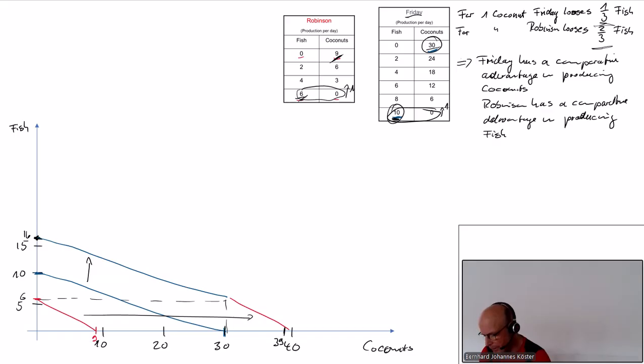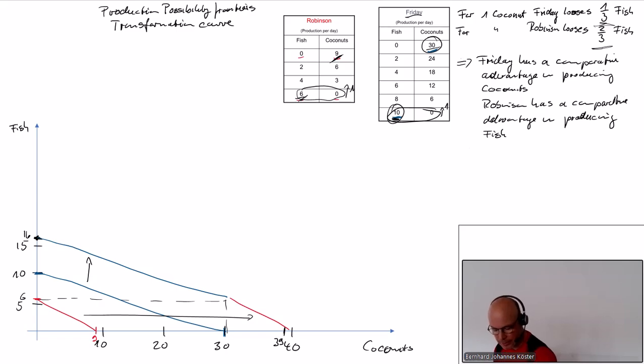And what we also can say, well, the slopes of these two production possibilities. So in general, these are the production possibility frontiers, or since they represent the exchange possibilities between the two goods, it is also called the transformation curve.